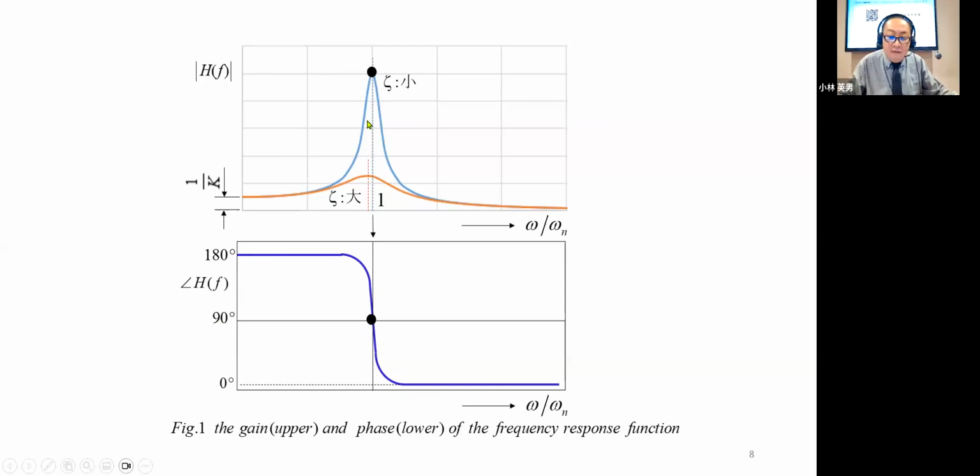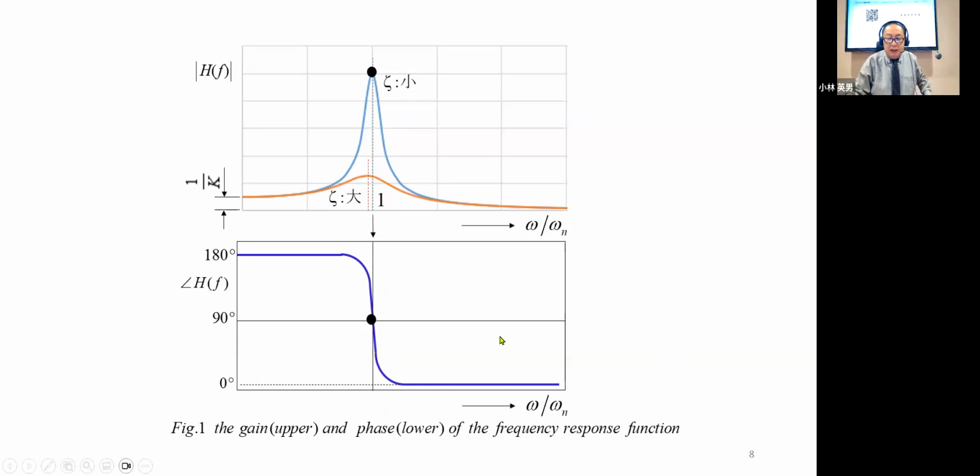Okay, if this situation, this one and this one, are confirmed, so this frequency is recognized as the natural frequency by experiment. Okay, by this procedure, we can measure the frequency response function of the object.